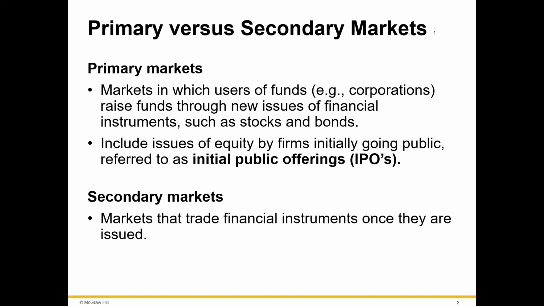So they're selling shares into the market. That will be considered primary because it's the actual company or corporation selling to the public. So the public is literally giving money directly to that company as they buy those shares.